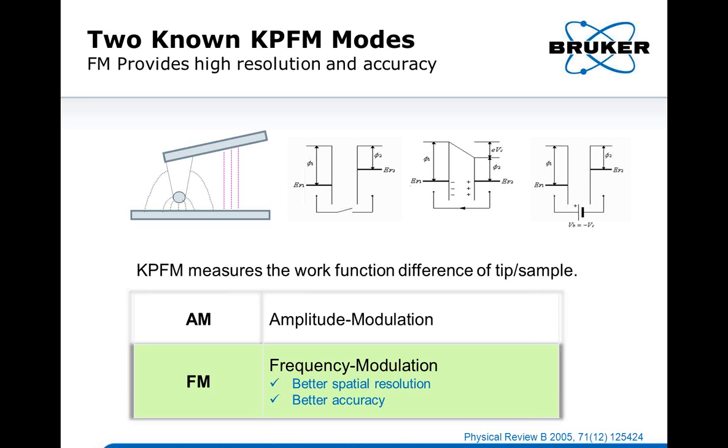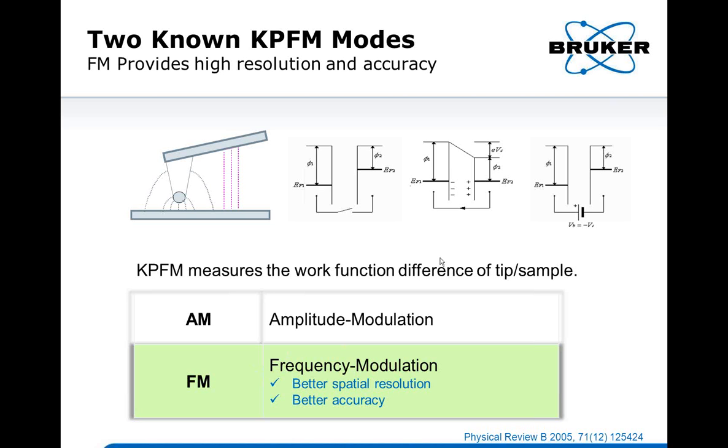Now, when we combine the Kelvin probe method with AFM, we have a new way to detect when there will be no charge on the plate and when there is charge. We know that AFM is good at detecting force or force gradient. If you monitor the electrical force between the plates, that's the amplitude modulation method.